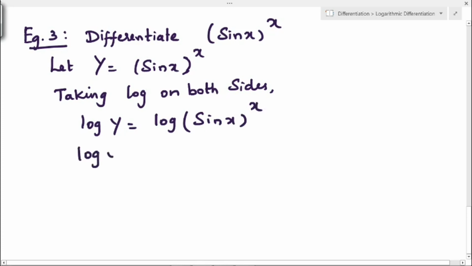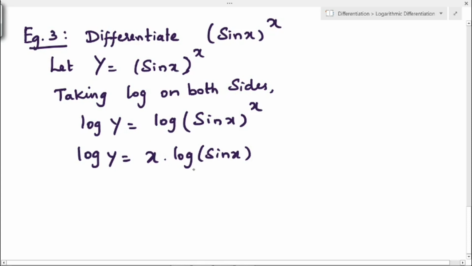So this is log y equal to, again we have to use the same property, that is log a power n is n log a. So here we have x into log of sin x. So I am taking this x to the front side, so x into log of sin x.